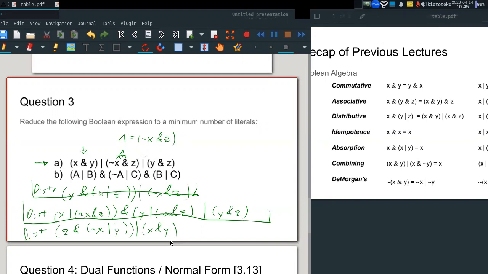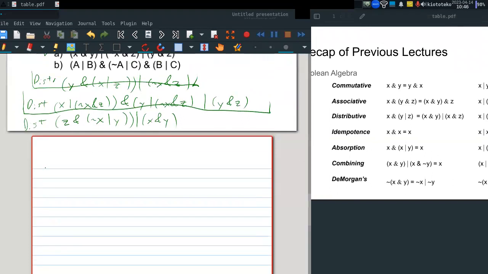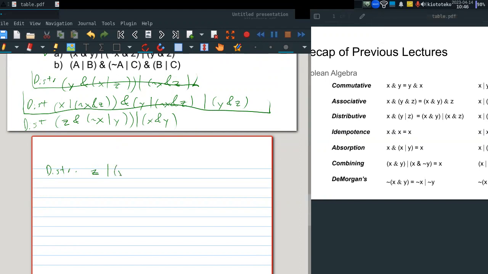We can distribute this one? Let's see. So it will be Z or X. Oh wait, no, wait. What am I doing?